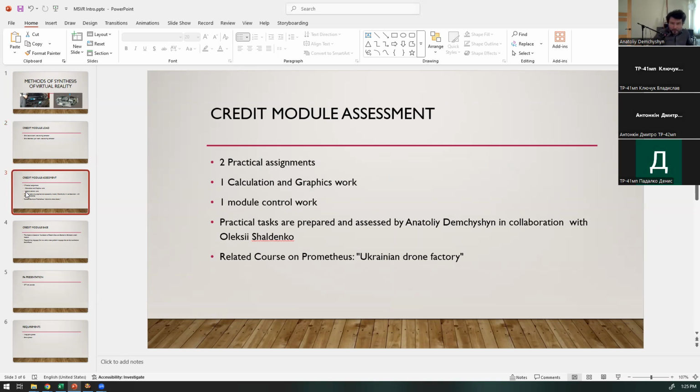Then if you go to the KPI schedule site, you can see that for the practical pairs you have two names behind practical. It is Alexei Sheldenko, and you also have some other credit modules from Sheldenko and Anatol Demchyshin, myself, and that means that we work here with Alexei in collaboration.